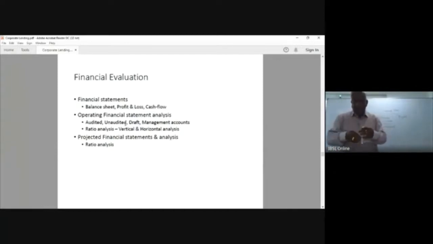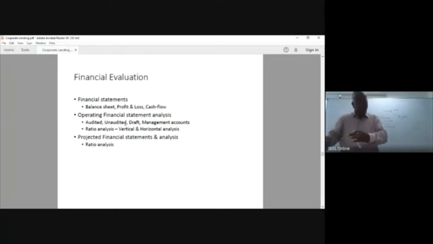Unaudited means the company accountant prepares the financial statement and hands it over to the auditors, chartered auditors, for auditing. The auditors have gone through it, but not yet signed together with their opinion. Then it is unaudited.